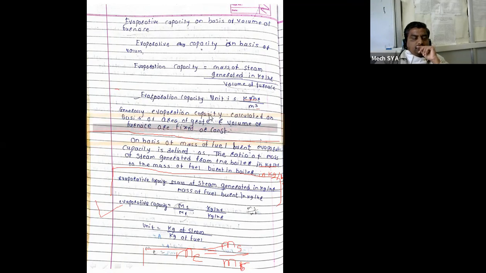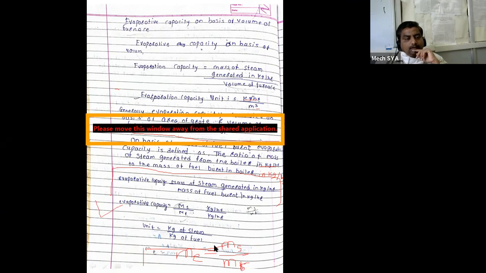So this definition: me is equal to evaporative capacity, me is equal to ms upon mf. Abhishek Jadhav and Prerna Wankhede have completed.